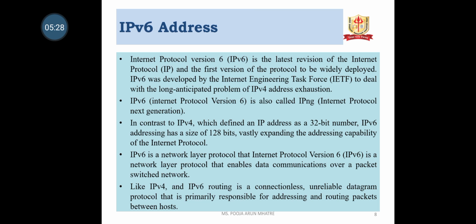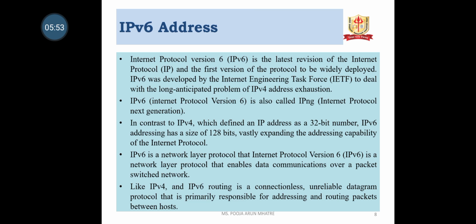IPv6 is also called IPng, that is Internet Protocol next generation. In contrast to IPv4, which defines an IP address as a 32-bit number, IPv6 addressing has a size of 128 bits, vastly expanding the addressing capability of the Internet Protocol.